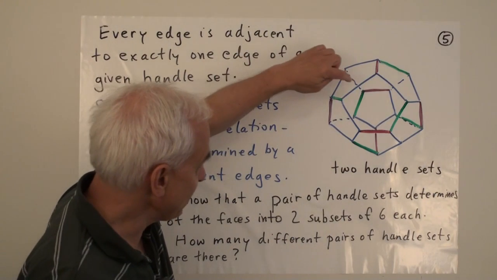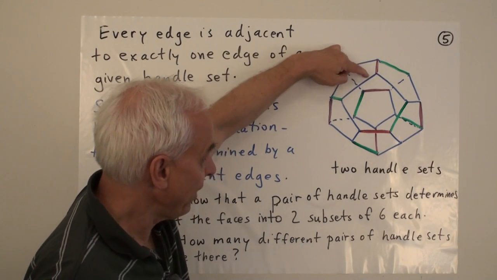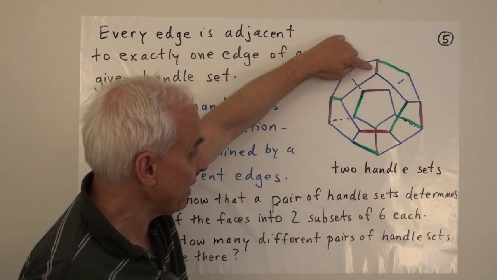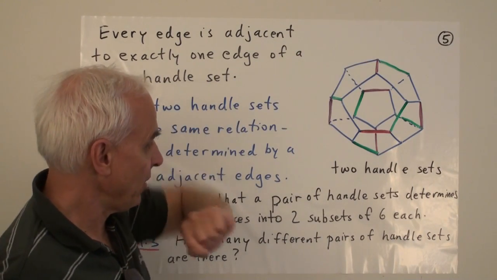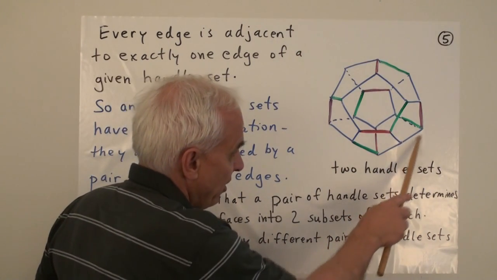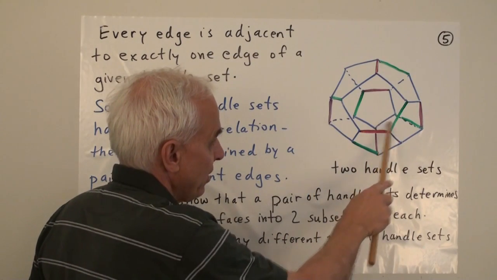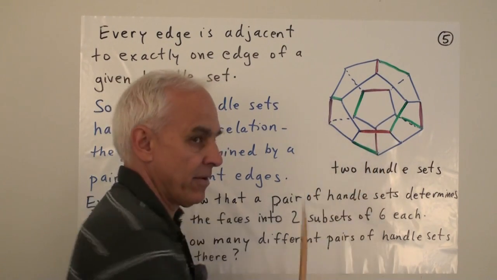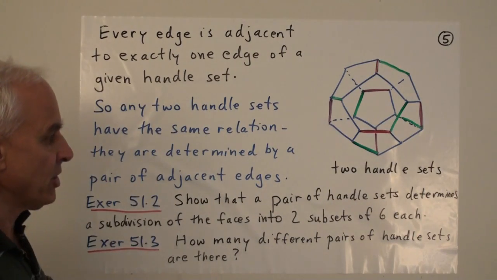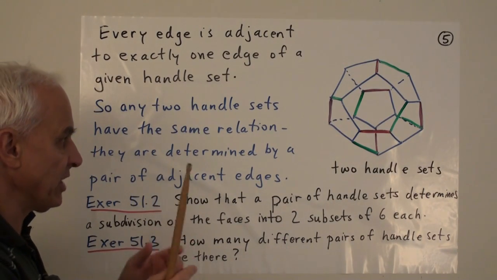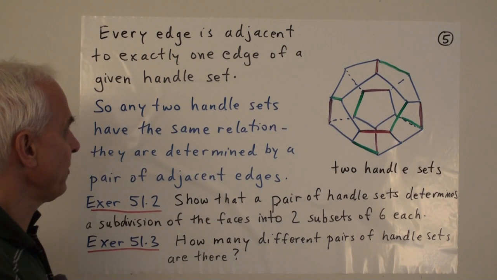So if we pick any other edge, for example that one there, then that's adjacent to exactly this red edge. Or if we choose that edge there, that's adjacent to this one. Or if we choose that edge there, that's adjacent to this one. So every edge is adjacent to a red edge.